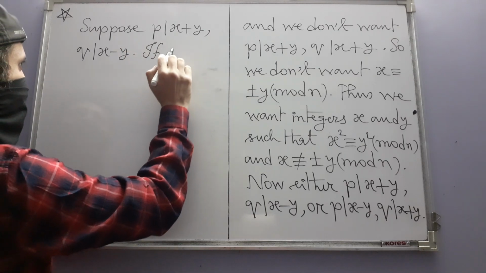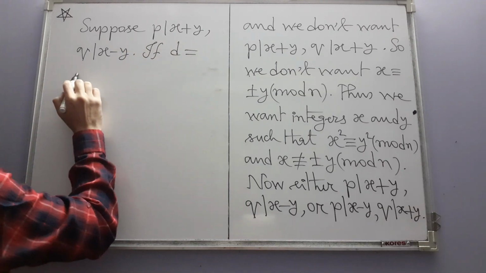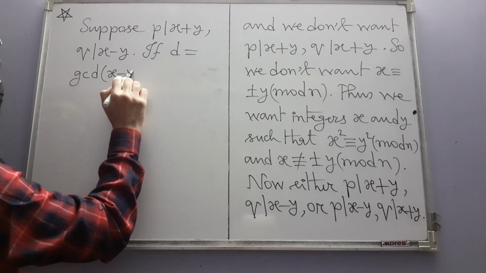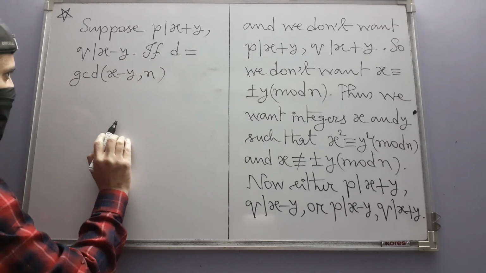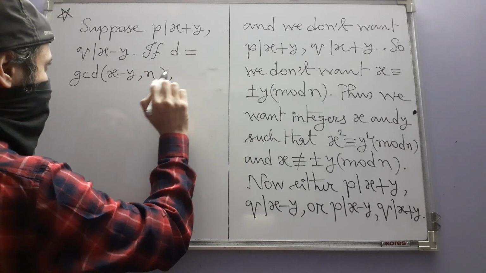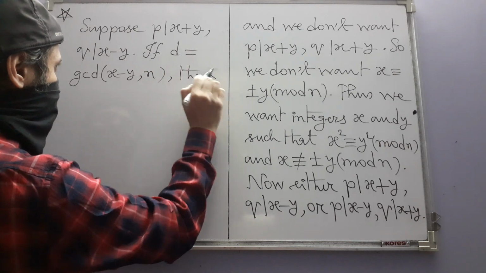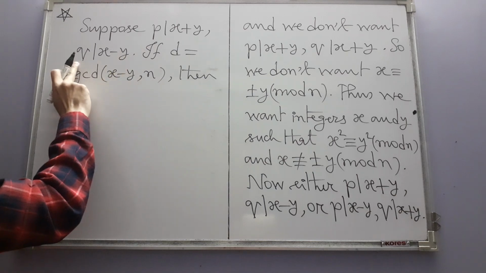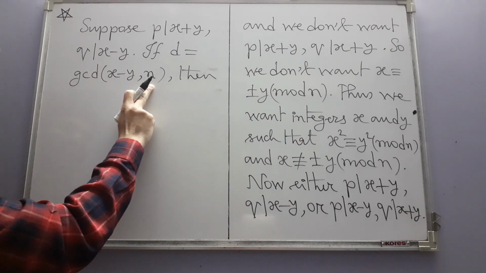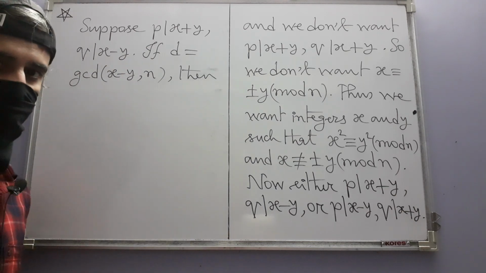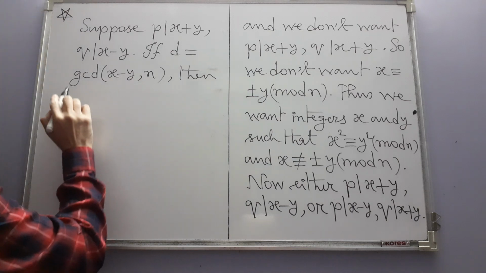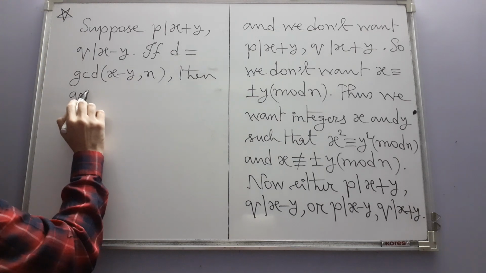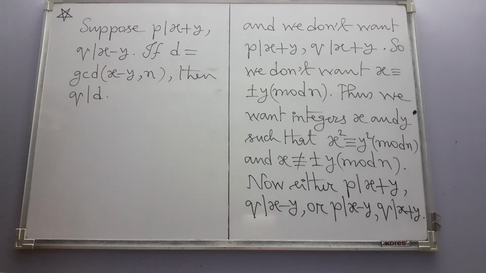Now I write, if d is the GCD of x minus y and n, then x minus y is divisible by q, and n of course already is divisible by q because it is pq, and that's why q divides d.